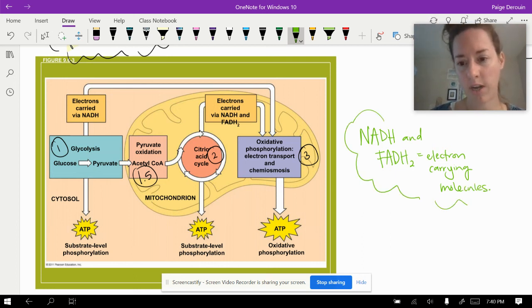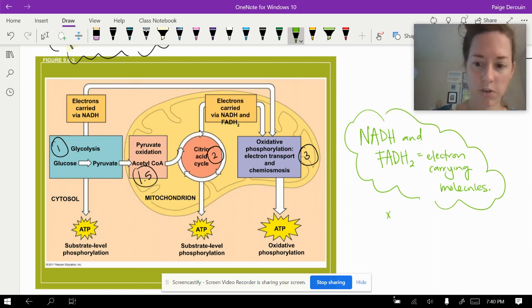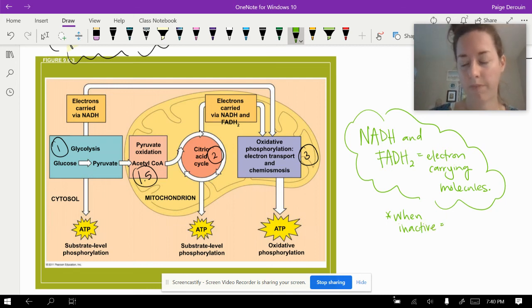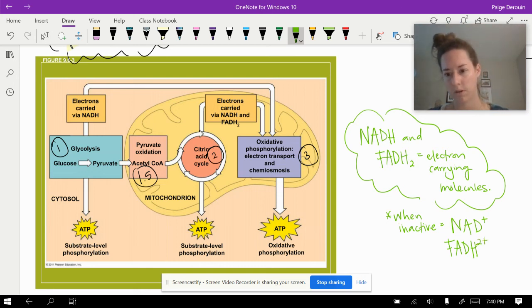When they're inactive, they are NAD plus and FAD. Sorry, no H there. NAD plus and FAD. So when they pick up the electrons, they also pick up hydrogen ions, and that gives them the neutral charge.